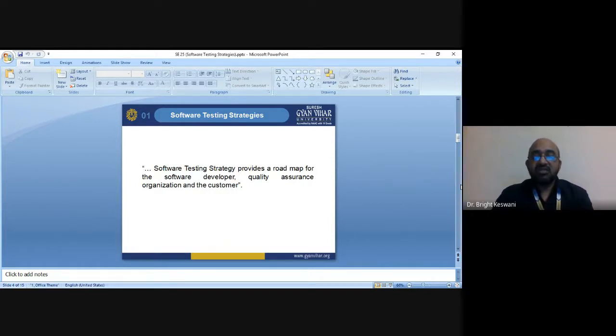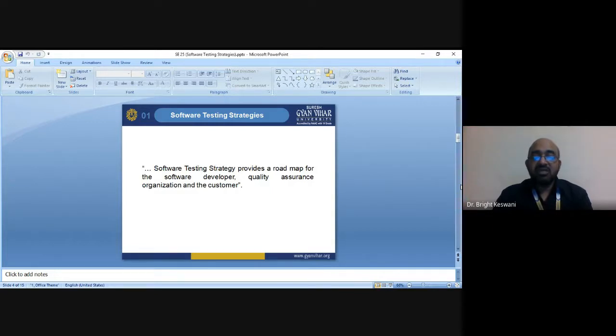Different testing techniques are appropriate at different times. You cannot apply all the testing techniques at once. At different stages in the SDLC, you can apply different techniques at different time intervals.